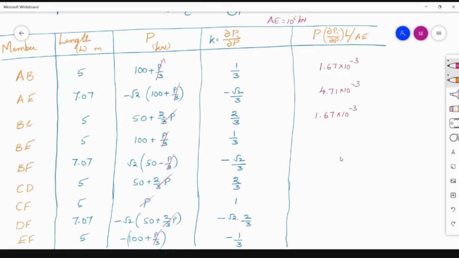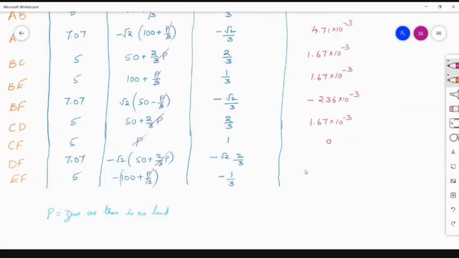So force multiplied with k into length of the member by AE. We got this result. Here this is 0. As the P value is 0, this is 0 only. Please be consistent with your units.